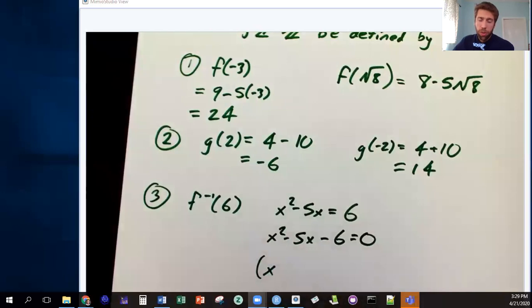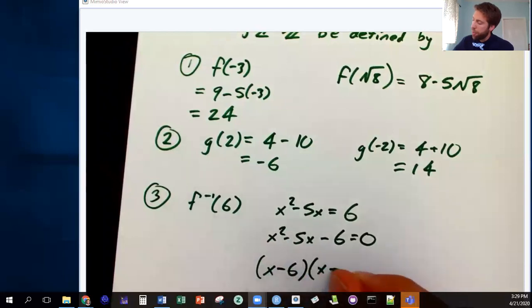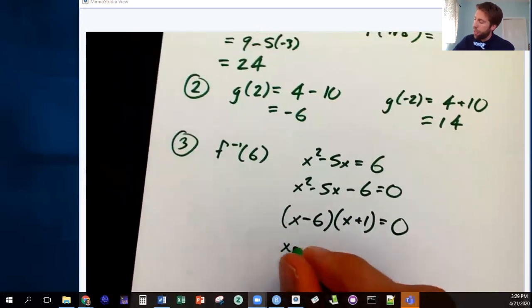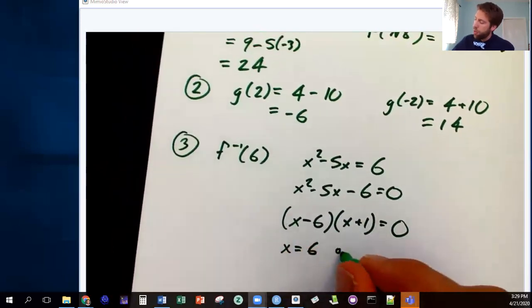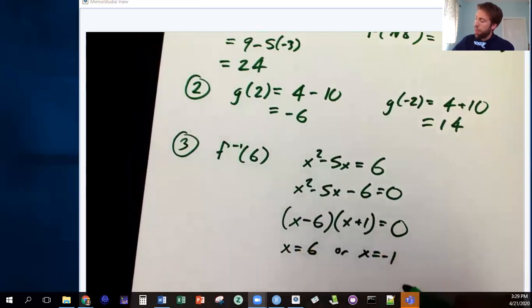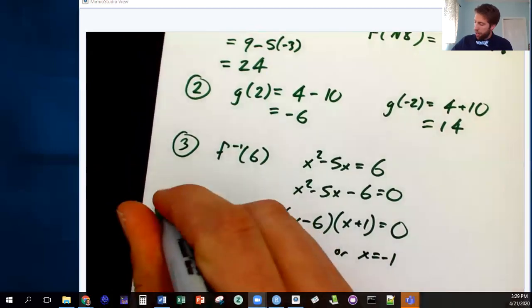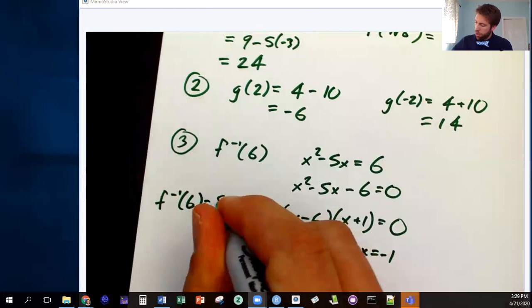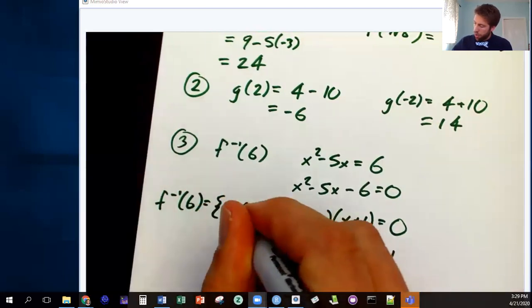Two numbers that multiply to negative 6 and add to negative 5 would give x minus 6, x plus 1 equals 0. And since I have two numbers that multiply to get 0, I know that x is either 6 or x equals negative 1. So then my answer is f inverse of 6 equals the set negative 1, 6.